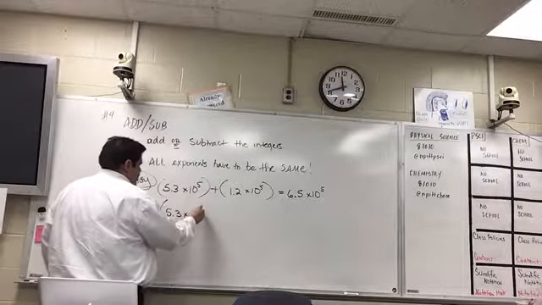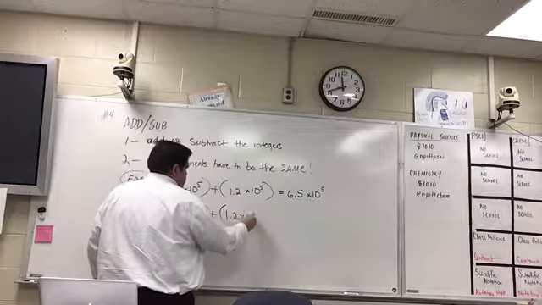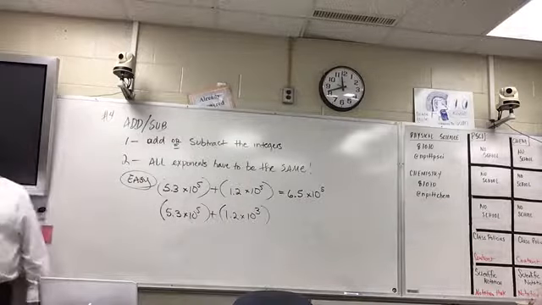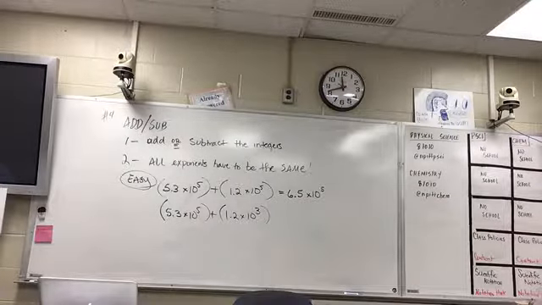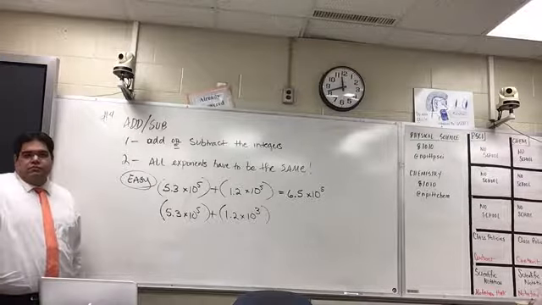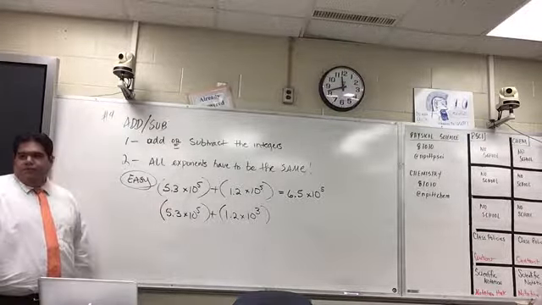5.3 times 10 to the 5th plus 1.2 times 10 to the 3rd. Okay? So, the question now becomes: what do I do when I need to make the numbers the same?